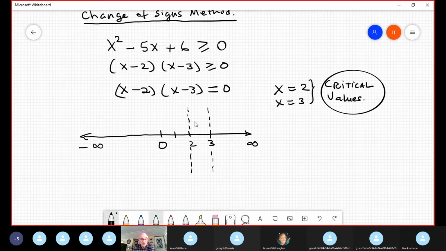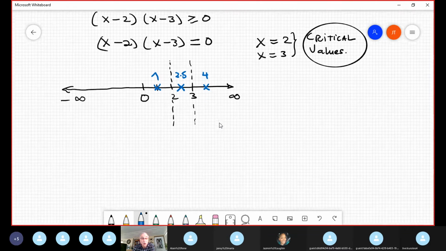Therefore, you select a totally arbitrary testing point inside each interval. For example, I select here in the middle 2.5. And you select, for example, 1. And you select, for example, 4. And you evaluate these testing points in the original expression.